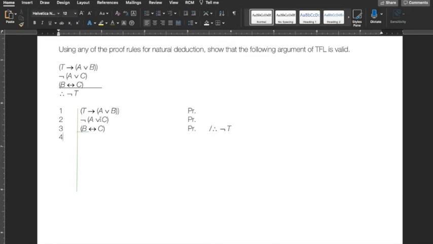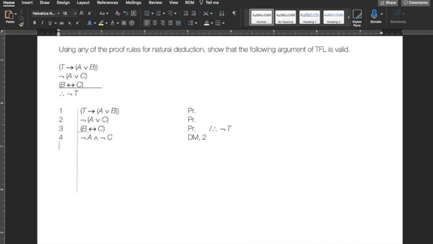So from the negation of a disjunction, we get the conjunction of 2 negations. So we get not A and not C from not (A or C). So that is De Morgan's applied to line 2.